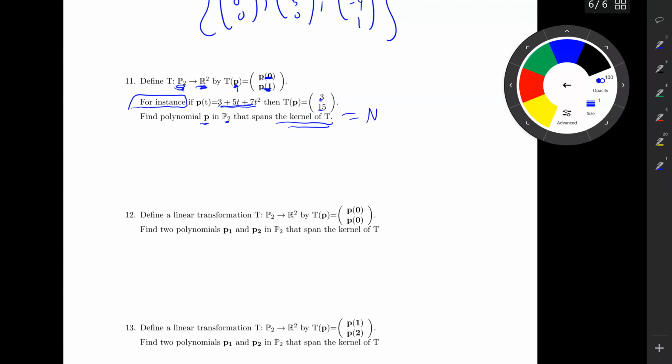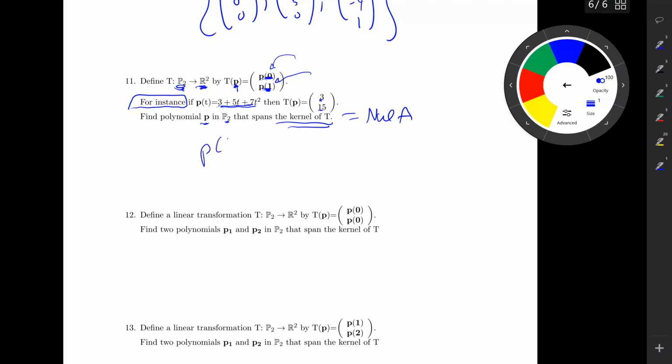What is the kernel? The kernel is null A. So what kind of polynomial will always take me to the 0 vector? That's going to depend on what I'm evaluating at. I'm evaluating it at 0, and I'm evaluating it at 1.